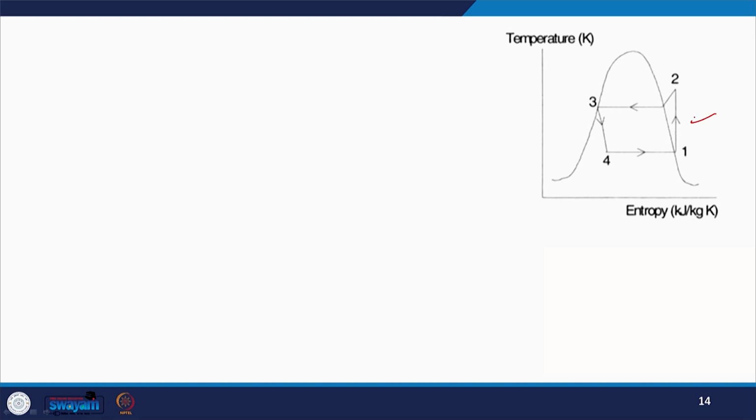Now here, this is the compressor work. If we take from station 1 to 2, W is equal to m (H2 minus H1), that is equation number 1.